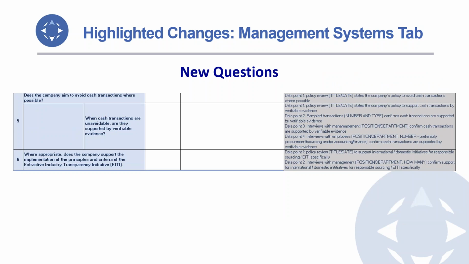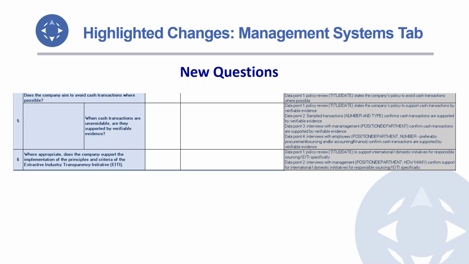Moving on to the next slide here, just want to highlight a couple of new questions that have been added. One is the questions around cash transactions: Does the company aim to avoid cash transactions where possible? And when cash transactions are unavoidable, are they supported by verifiable evidence?